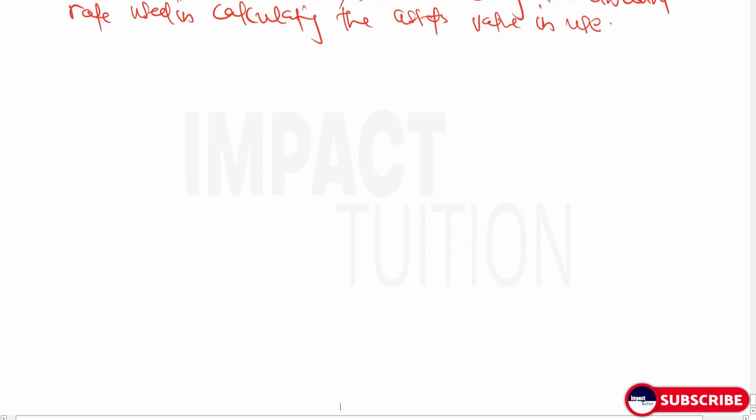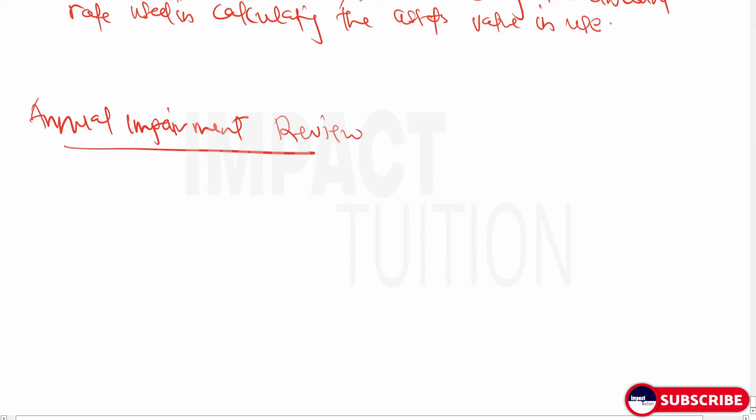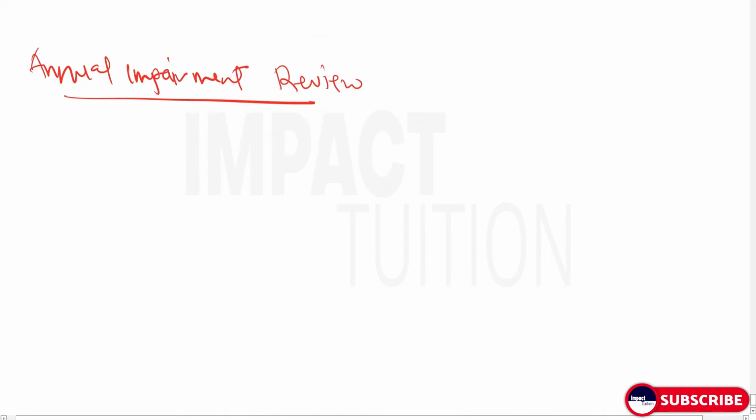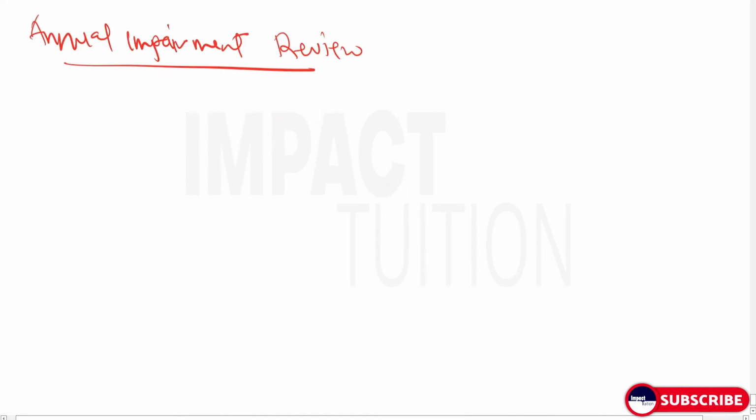Annual impairment review. We've mentioned that where the indicators of impairment exist, the entity has to undertake an impairment review.